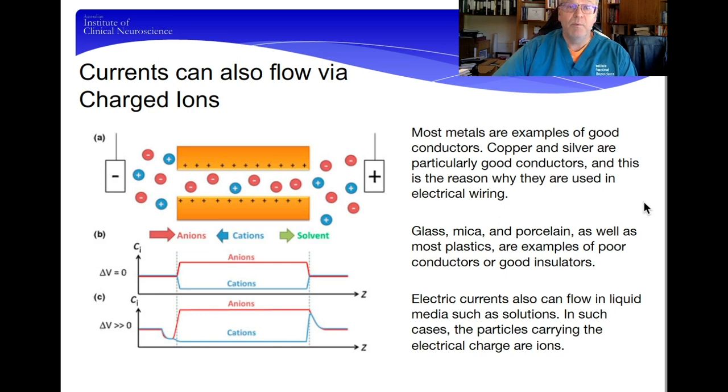So for instance, remember we said when we were using direct current, that meant that the current was flowing in one direction. The electrons were flowing from negative to positive, and the current was flowing from positive to negative. Now, that electron flow induces different ions, because remember, ions, for the most part, are charged.